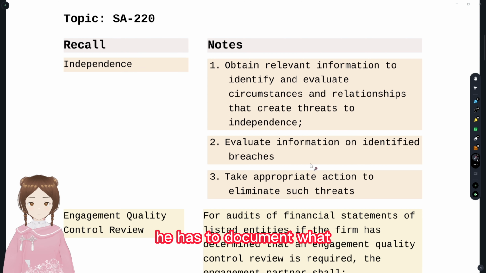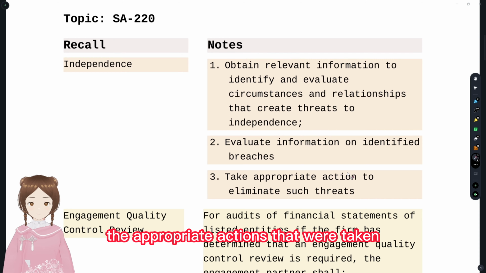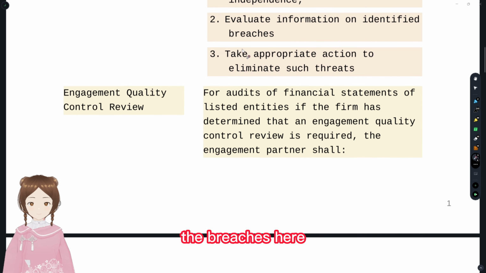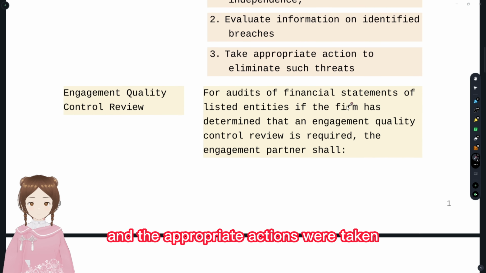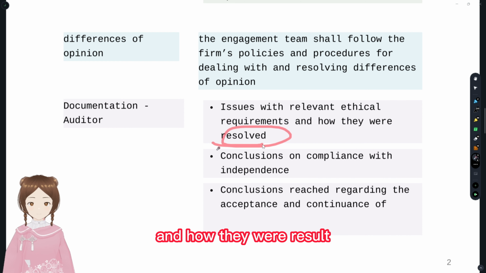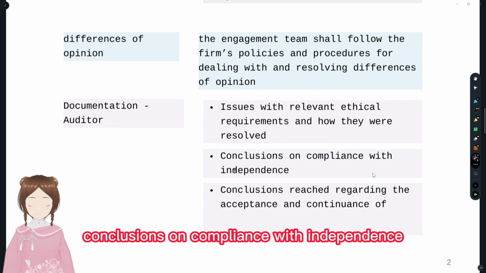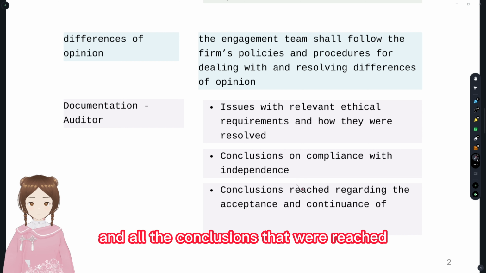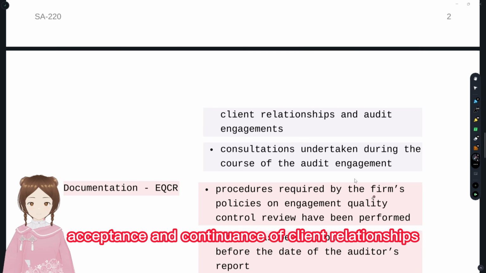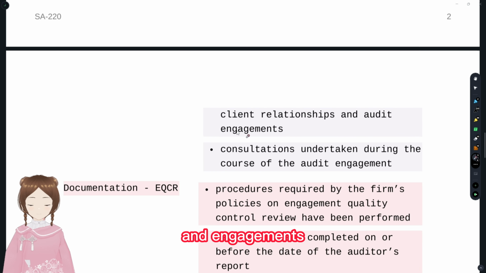He has to document the appropriate actions that were taken on the issues and the breaches, issues with ethical requirements and how they were resolved, conclusions on compliance with independence, and conclusions reached regarding acceptance and continuance of client relationships and engagements.